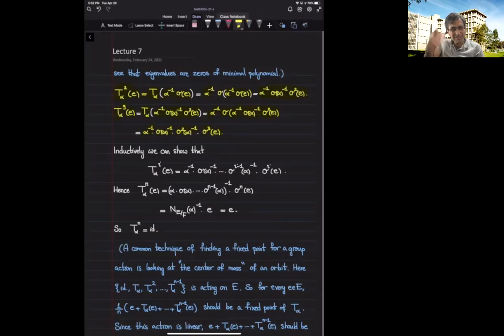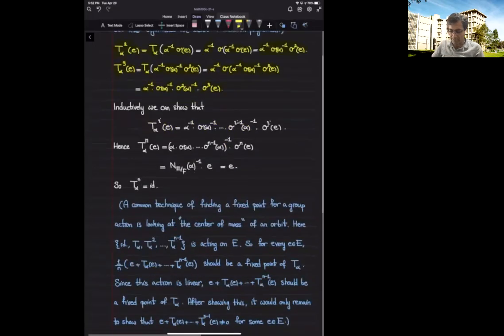I can use this inductively and show that when I apply T sub alpha i times, it's the same as multiplying alpha inverse, sigma of alpha inverse, and so on until I reach sigma to power i minus 1 of alpha inverse, and finally sigma to power i of E. So I get this element of E, which I have to multiply by sigma raised to power i applied to E. In particular, when I plug in n, what do I get?